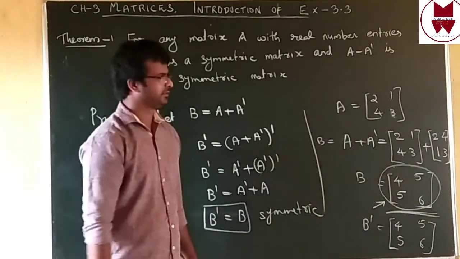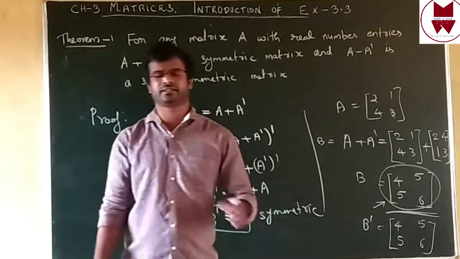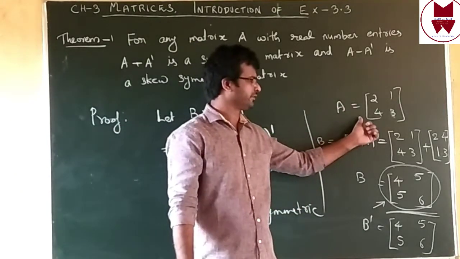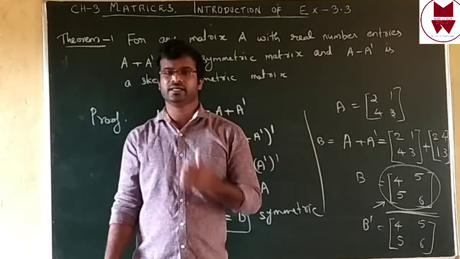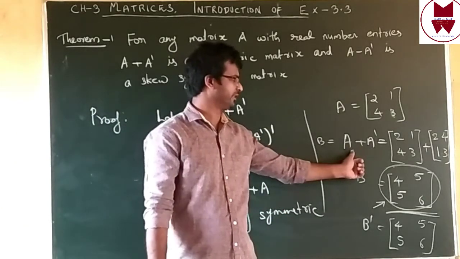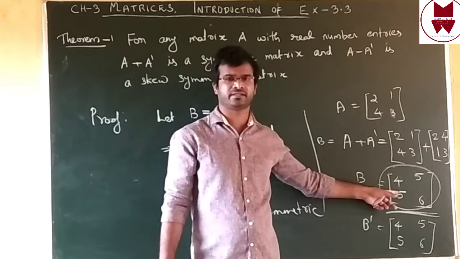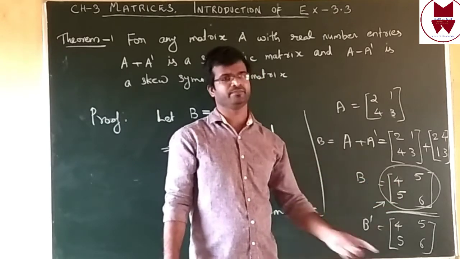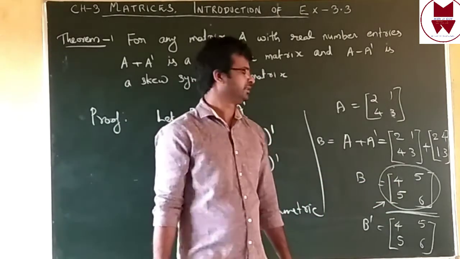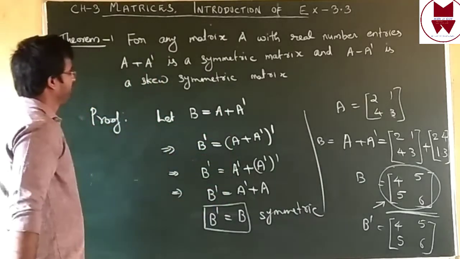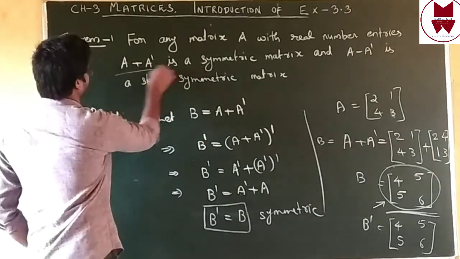Both are equal, isn't it? So if in a question they give any matrix and you want to make a symmetric matrix, we will use A plus A transpose. Just do this. Surely you will get a matrix, and this answer will be a symmetric matrix. Then we have already proved this first part.